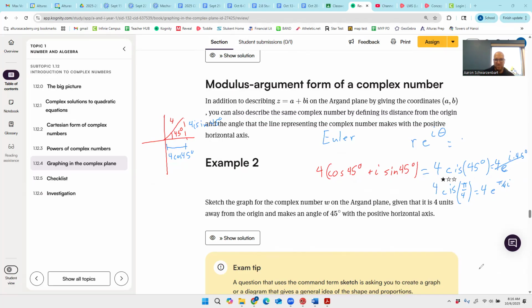We got 4e to the i theta, and 45 we are going to put into radians. I'm not sure that Euler form actually applies to degrees. I'll make them not use degrees.